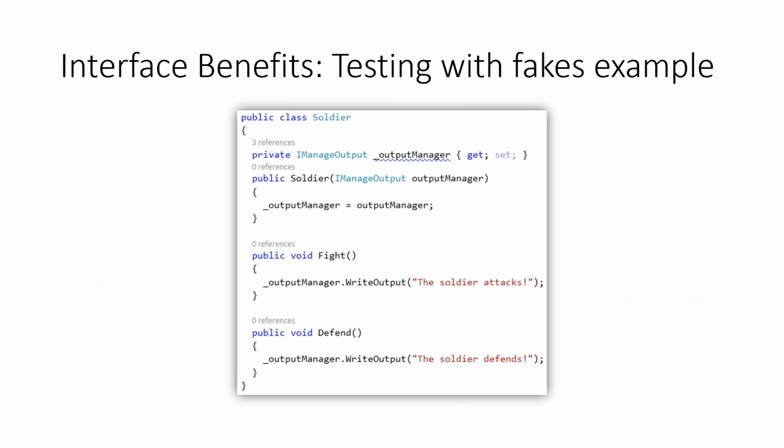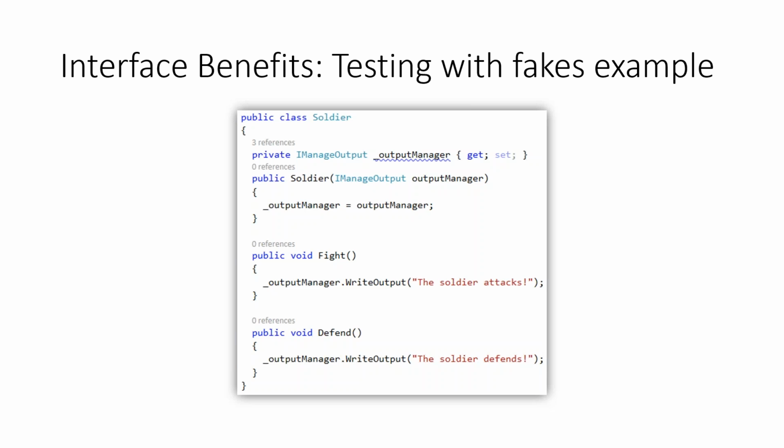Okay, here's the soldier class. The soldier class has a property, you can see up here at the top, the output manager, and it is of type IManageOutput. And you may be saying to me right now, but Ben, how can I have a variable that is of type interface? I thought I couldn't create objects from interfaces. And you'd be right, you aren't creating an object from an interface, right?